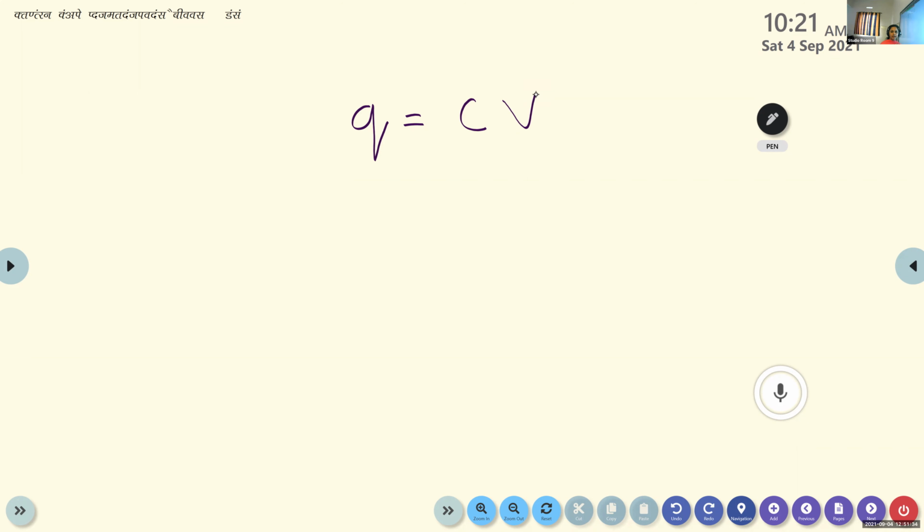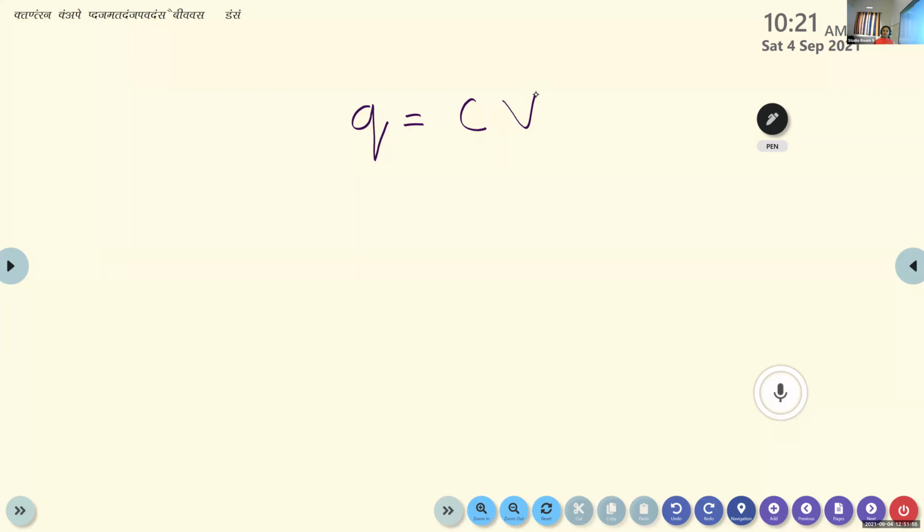So here we start our derivation by considering the charge stored by the capacitor. Whenever an alternating source of EMF, V is equal to Vm sin omega t, is connected to a capacitor, the charge stored by the capacitor is given by the equation Q is equal to CV.